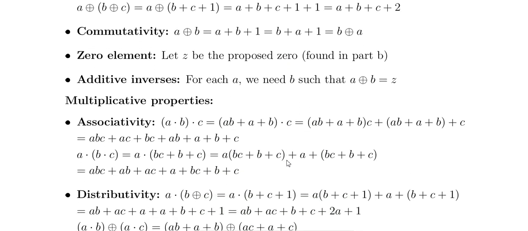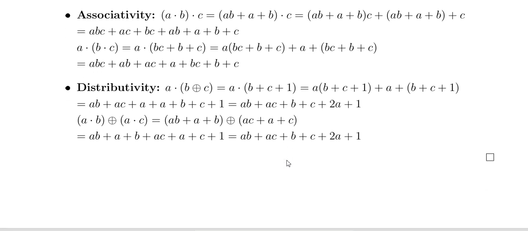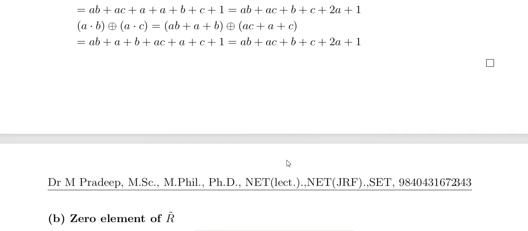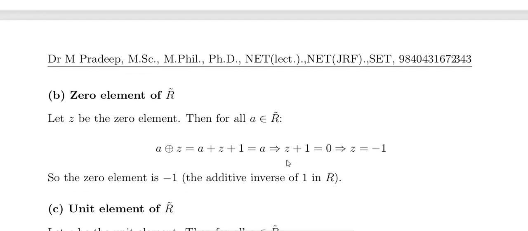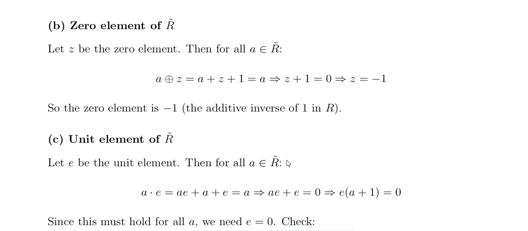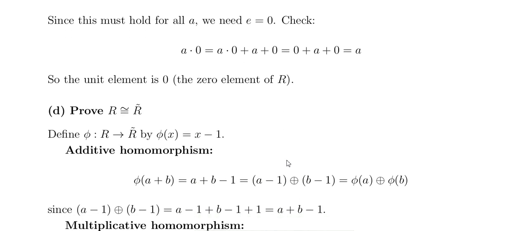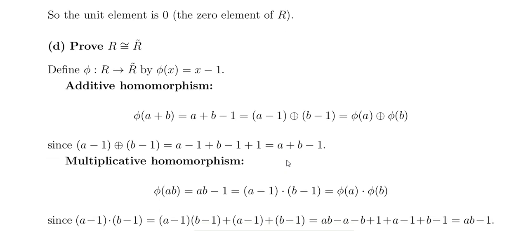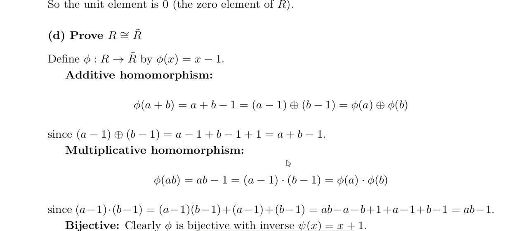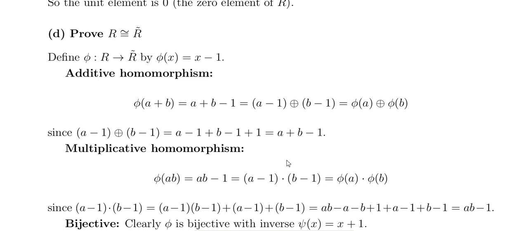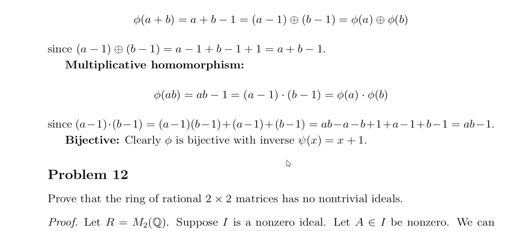You can prove the properties easily, they are very simple properties. So you can check easily, by the definition, whether it is a ring or an ideal. And R and R tilde are isomorphic, a homomorphism and isomorphism, when you define pi of x equal to x minus 1 like that.